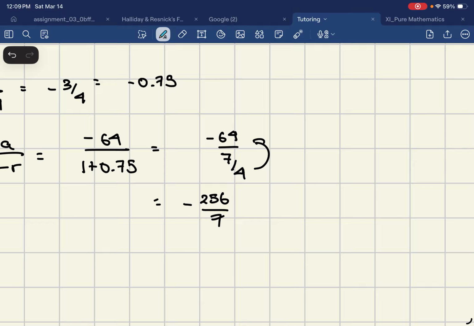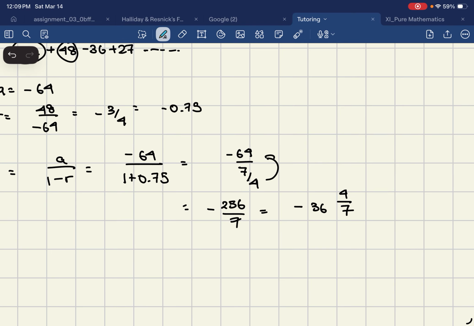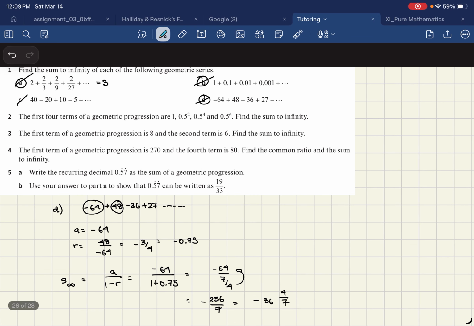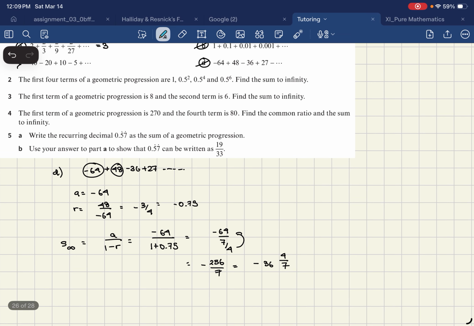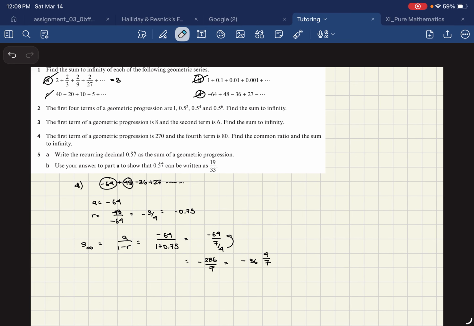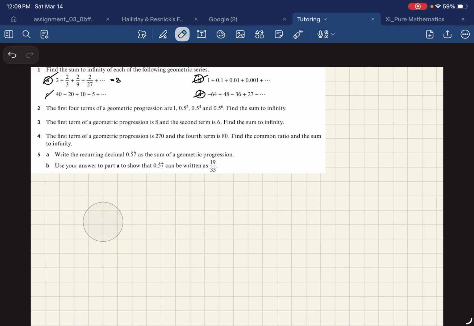So you would get this expression, and that is just negative 36 and then 4 over 7. So that is your answer when you write it as a mixed fraction. So I'm just writing it as a mixed fraction to match the answer given in the textbook. All right, so we're done with question 1.